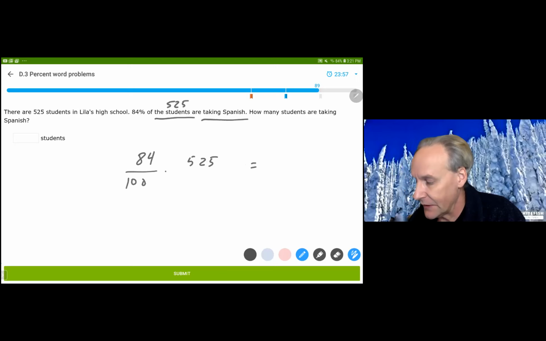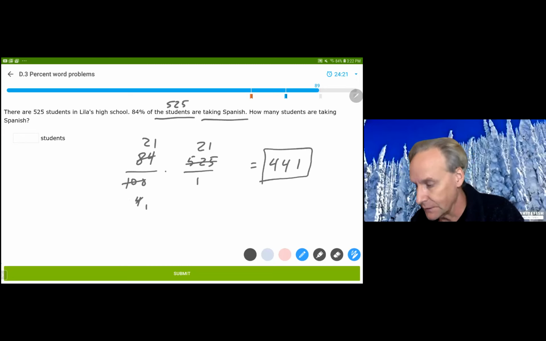Now, if you didn't happen to have a calculator, what you would do is you'd cancel the 100, the 25, and you'd get a 4 down here like this, and then you'd put the 25 into here, and you'd get 21. And then you would cancel the 4 with the 84 and get 21, and 21 squared is 441. So there's 441 students.